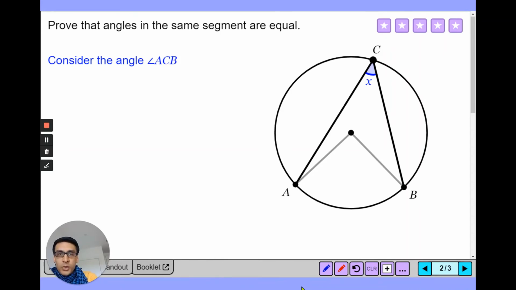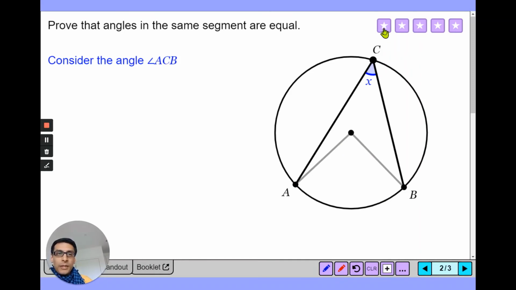Now, the proof for this is one of those cases, like I mentioned before, where you can use previous proofs to prove later proofs. In this case, we're going to use something that we've already done before to prove this. So let's consider you have an angle ACB subtended from arc AB. What we can say is the angle down here is going to be 2x.